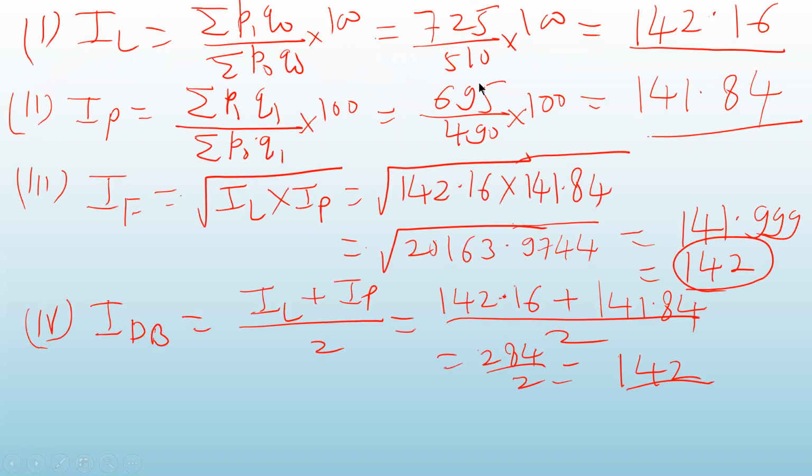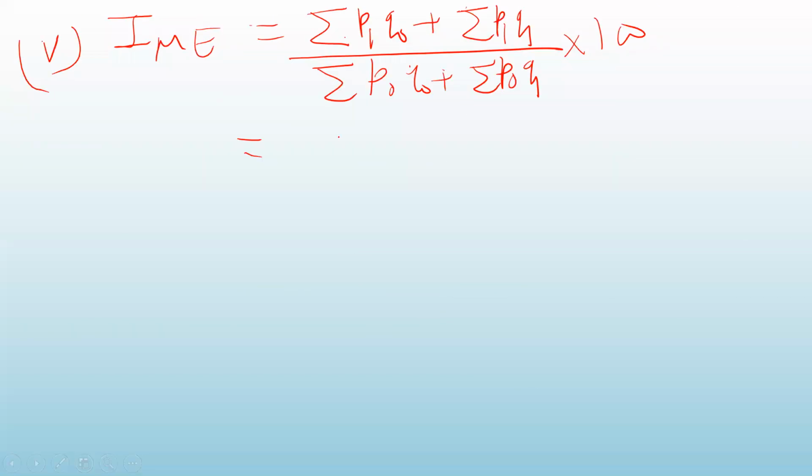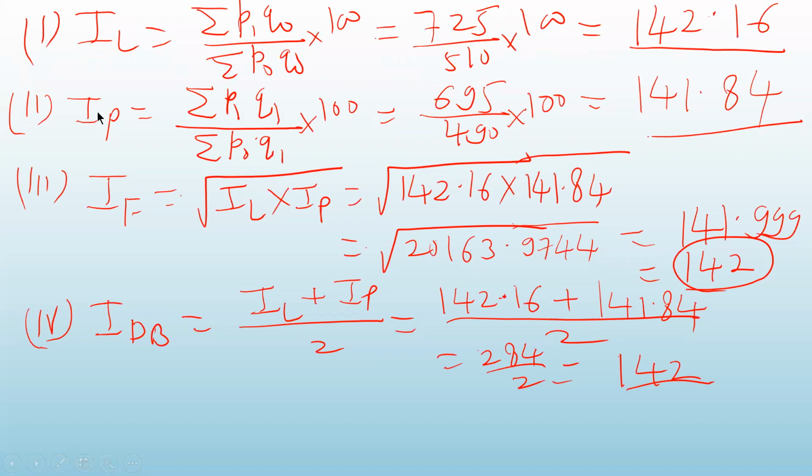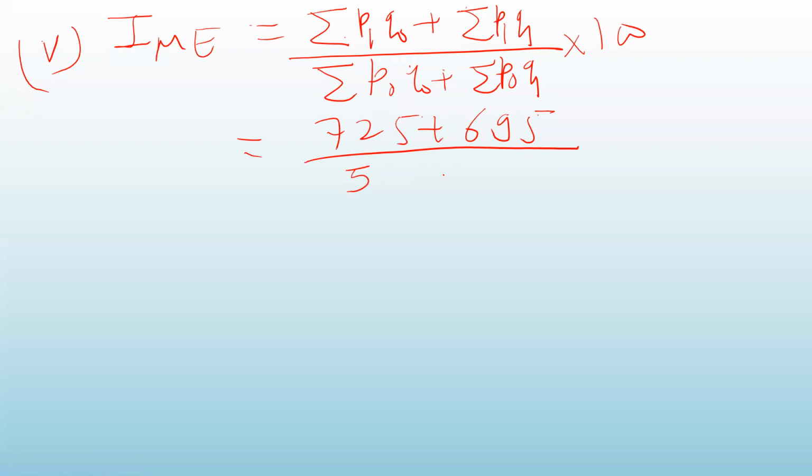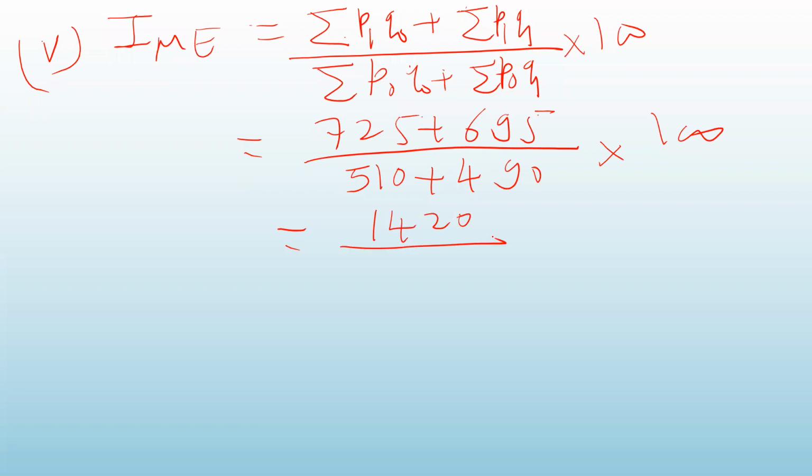This is 725 plus 695, and the denominator is 510 for IL and 490 for IP, so 510 plus 490, into 100. 725 plus 695 is equal to 1420, and 510 plus 490 gives you 1000, into 100.